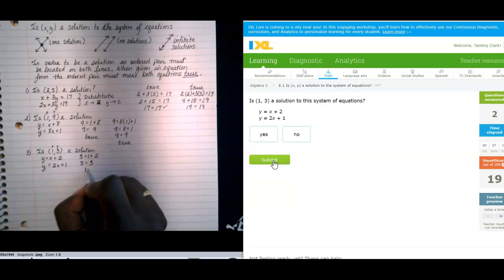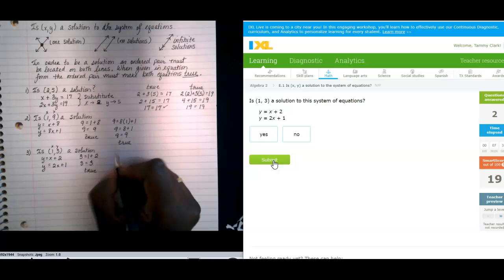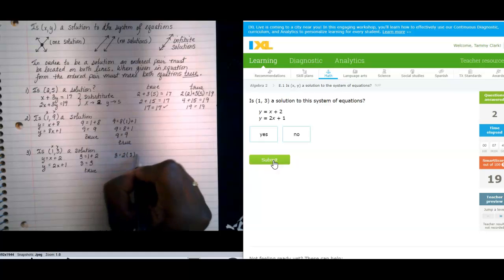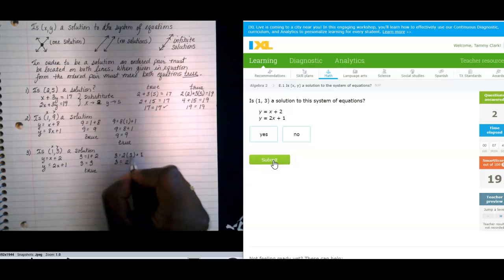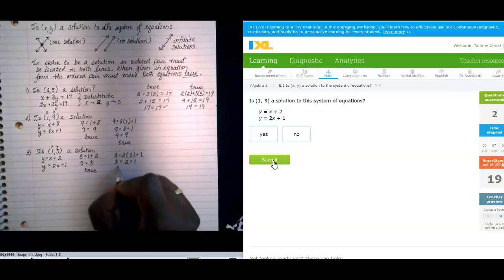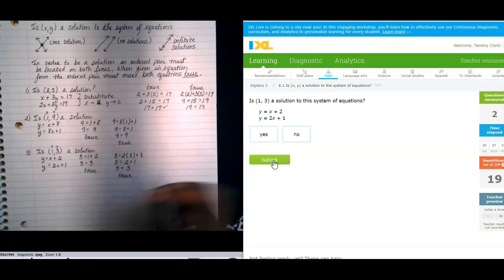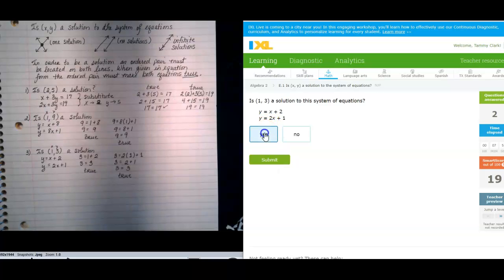So this is true. We test the next point. 3 is equal to 2 multiplied by 1 plus 1. 3 is equal to 2 times 1 is 2 plus 1. 3 is equal to 3. That is also true. So we say yes to that as well.